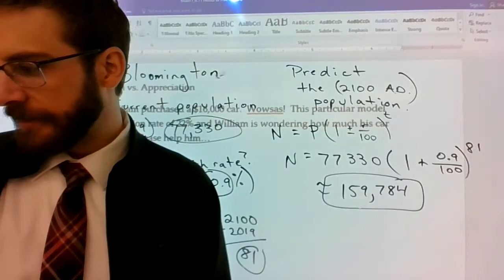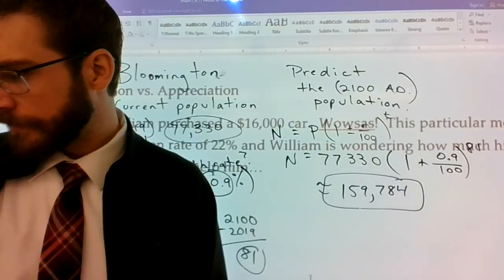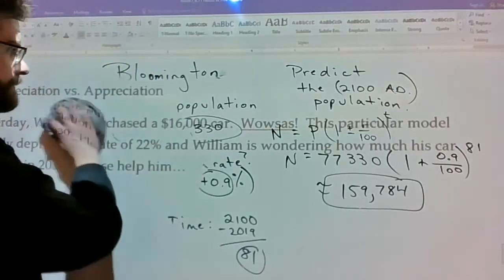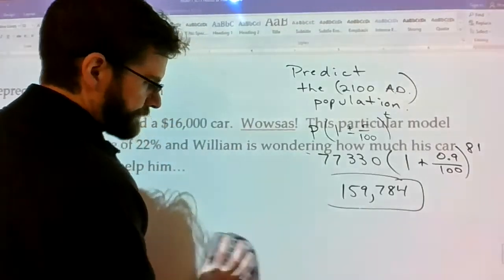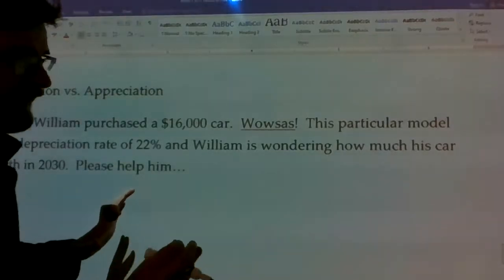So I'm going to try to zoom in on this here so you guys can see it better. So we're talking car purchases. So I'm just going to throw this out here.